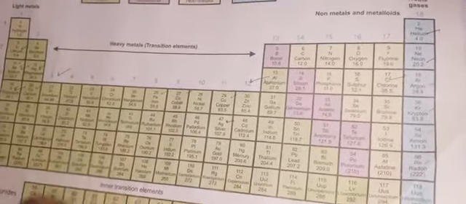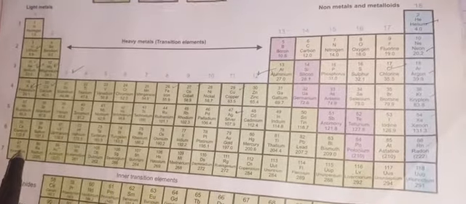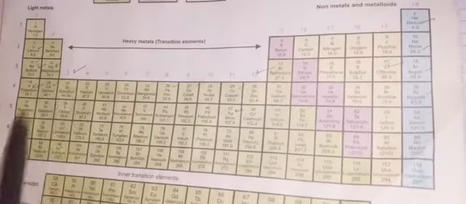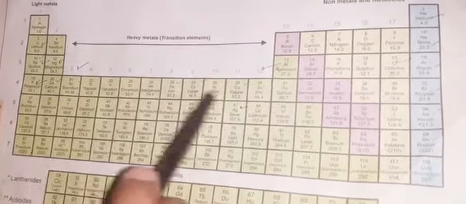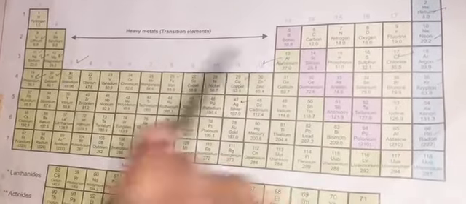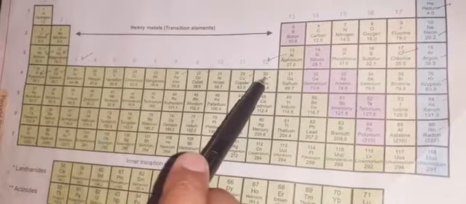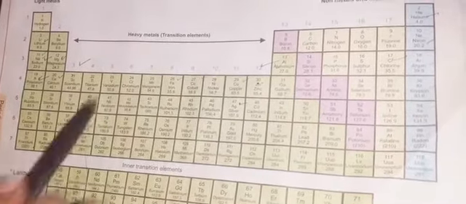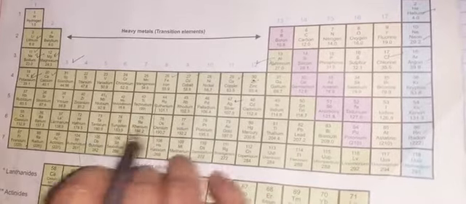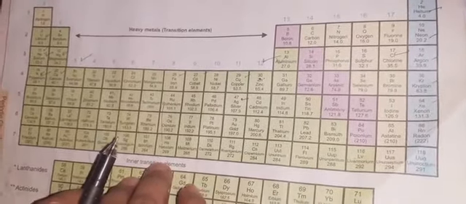The first and the second group elements are called S block elements. So here these two, first group and second group elements, are called S block elements. Third to 12th, can you see this arrow sign? Third to 12th group, means all the members of third, fourth, fifth, sixth, seventh, 8, 9, 10, 11, 12, are called D block elements or transition elements.